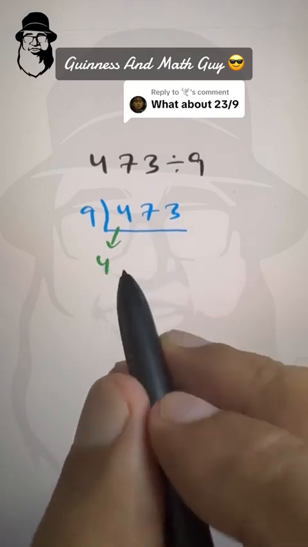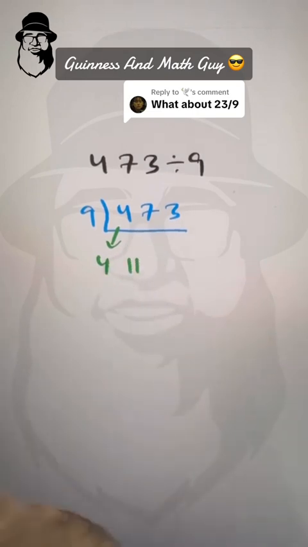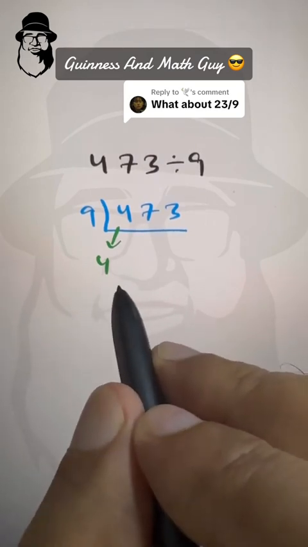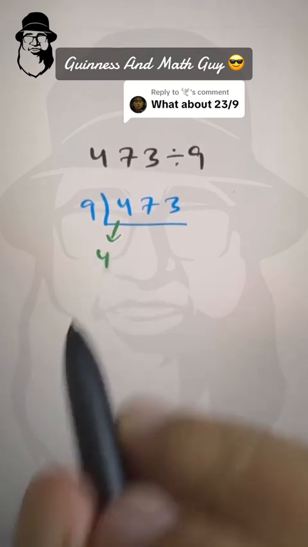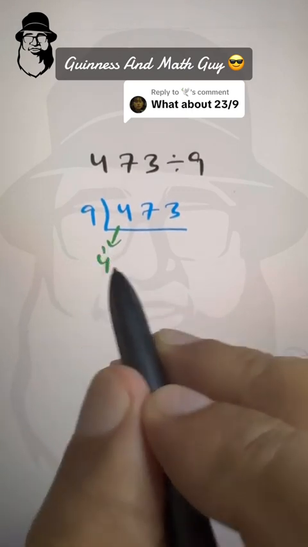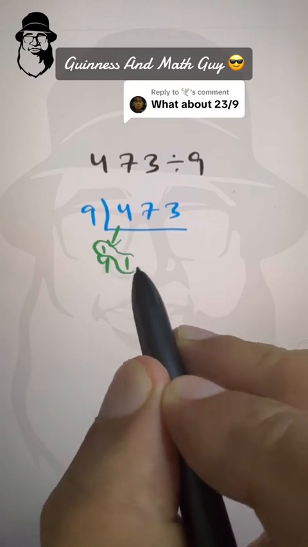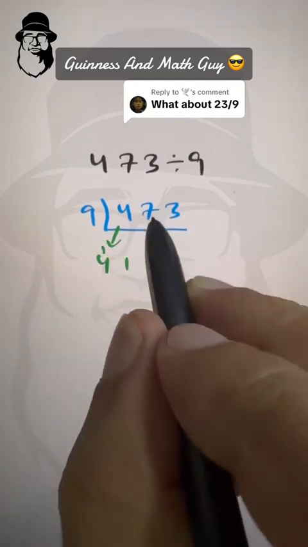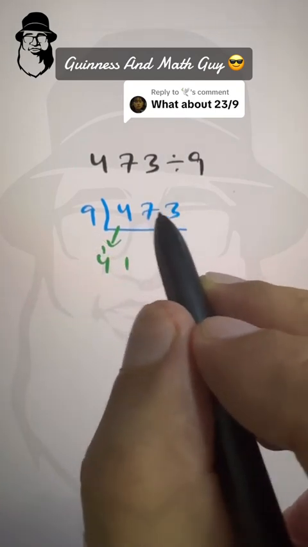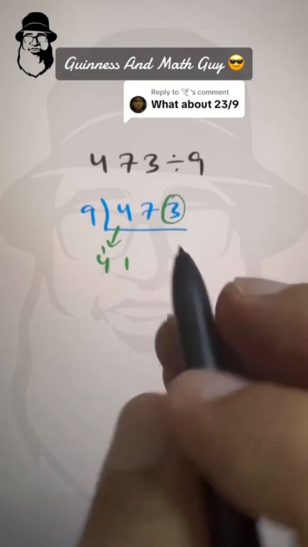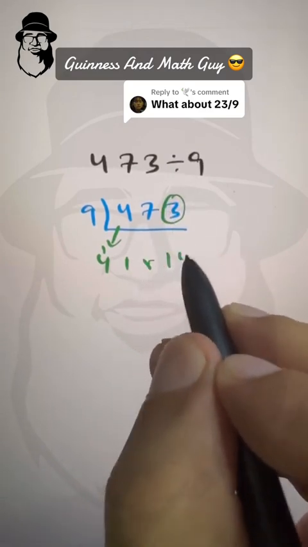Then 4 plus 7 is 11. But instead of writing 11 like this, we know that we have only space for one digit. Let me write it like this, 11. But remember, we have this 11 here in this latest answer. So 11 plus this 3 is 14. So remainder 14 we have.